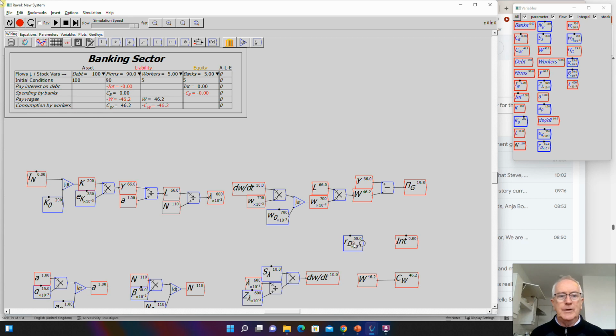So RD, and I've now got debt there, of course, so I've got to bring debt down. And those are interest payments, and now if I subtract interest from gross profits, I get net profits.